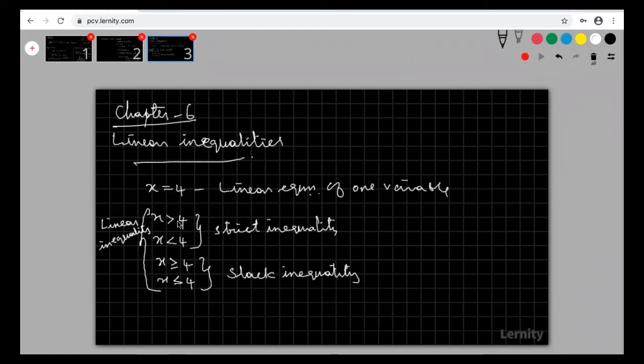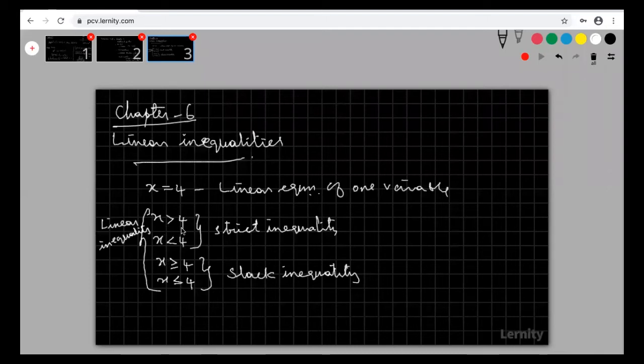In place of an equation, if greater than, less than, greater than or equal to, or less than or equal to comes, then that relation is called an inequality. If equal to is not given, it is a strict inequality, but if equal to is given, it is a slack inequality. If only one variable is involved, it is called a linear inequality of one variable.